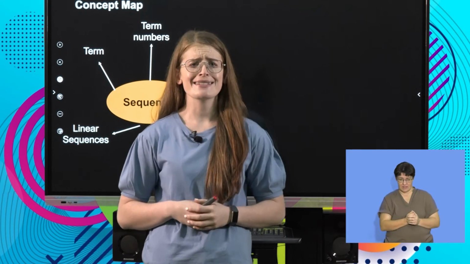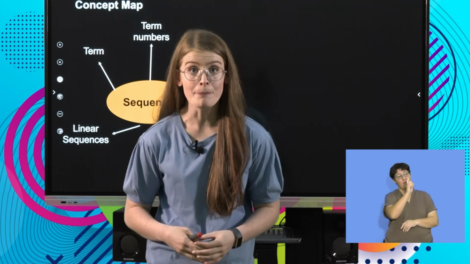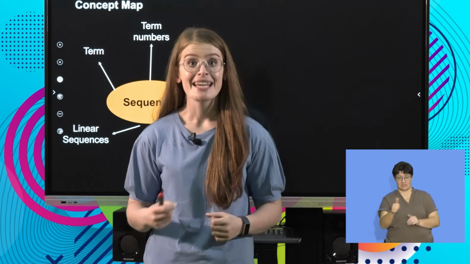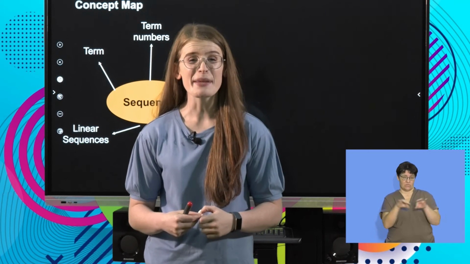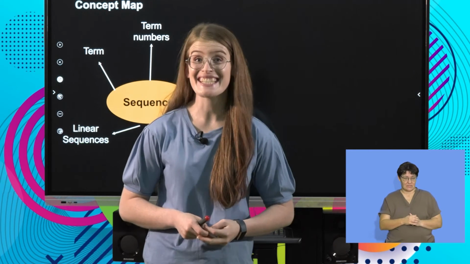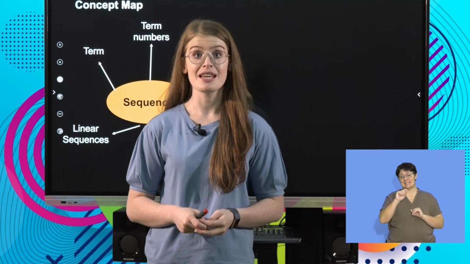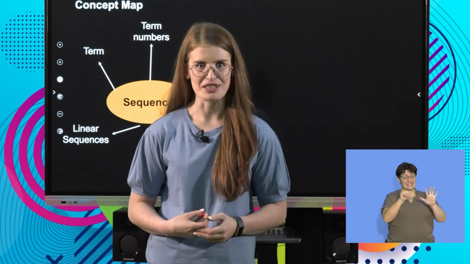So if I say T6, that means that is the 6th term within the sequence. Tn refers to term value, and that means the actual value of that term. So if I said T6 is equal to 100, the value of the 6th term is 100.